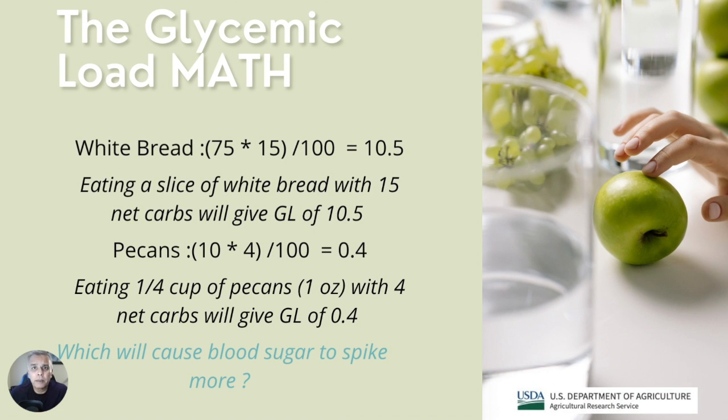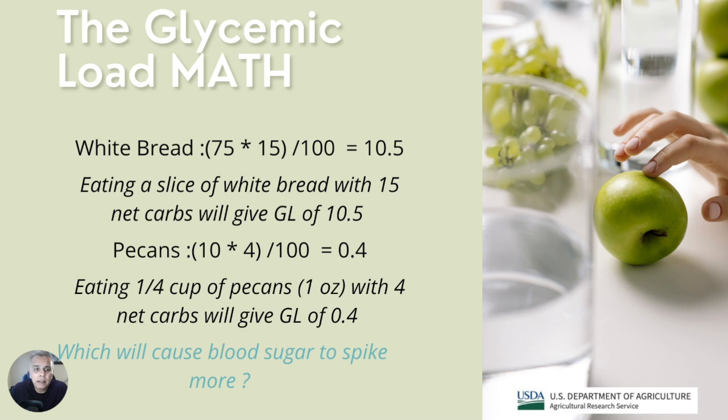So let's look at a couple of examples. For example, we have white bread. White bread has a glycemic index of 75, and it has a carb level of about 15 per slice of white bread. When we do the math, 75 times 15 divided by 100, we get 10.5.